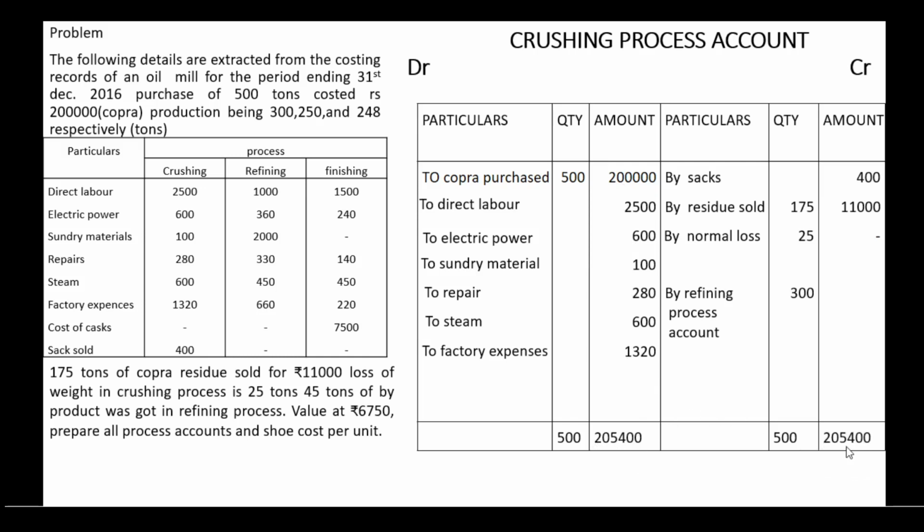So from this amount, that is 2,05,400, we deduct rupees 11,000.